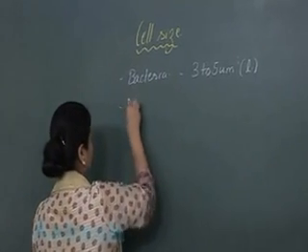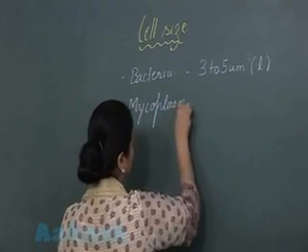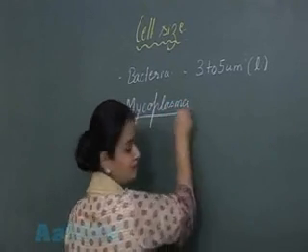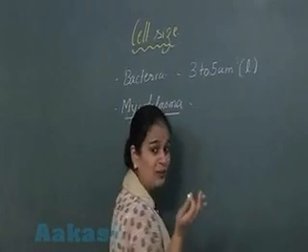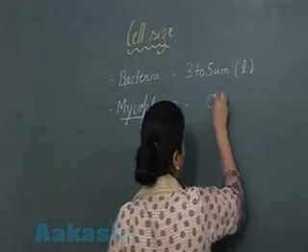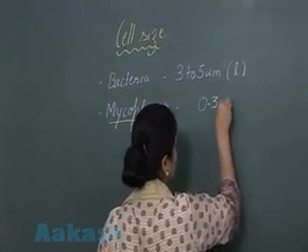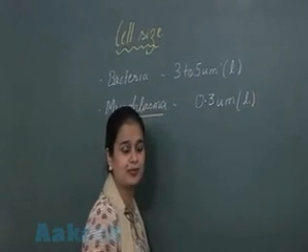Mycoplasma represents the smallest prokaryotic cell. और Mycoplasma का जो size है वो normal bacterial size से कम है. And the length of the Mycoplasma is 0.3 micrometer.